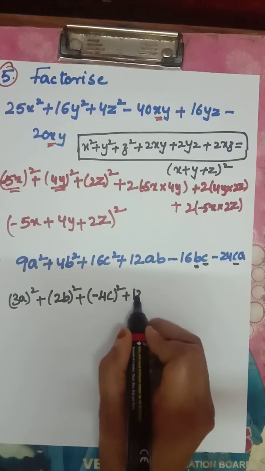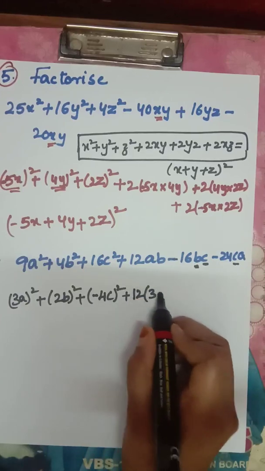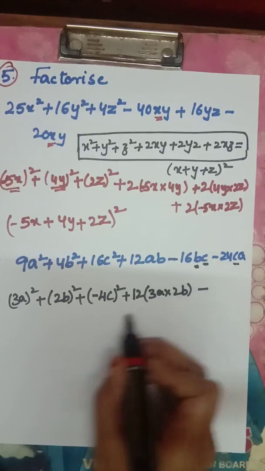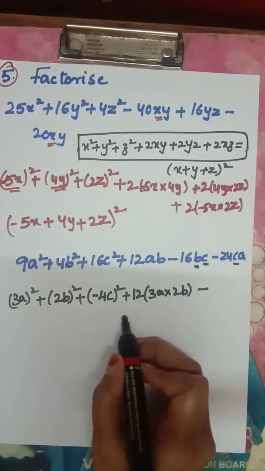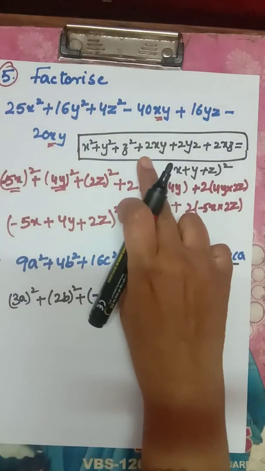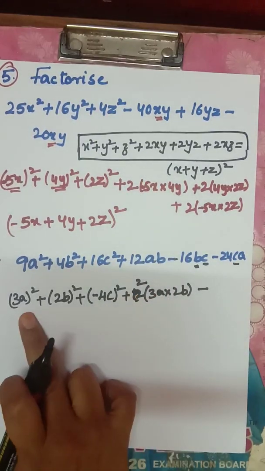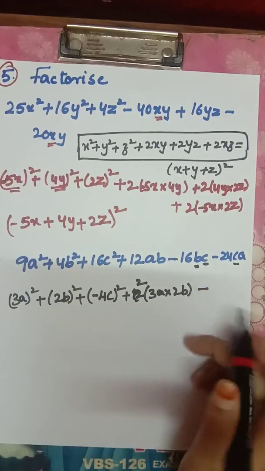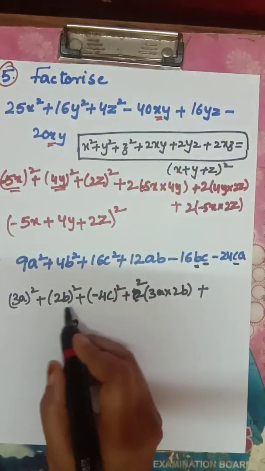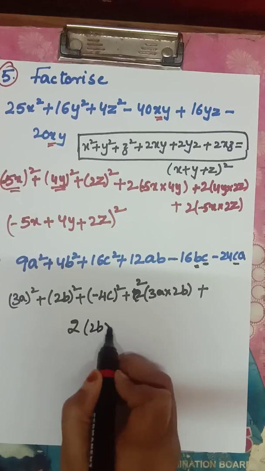Plus 12 into a is 3a into b is 2b. Just a second, look in the formula. 2ab, okay, plus 2b, that is 2b, c is what?